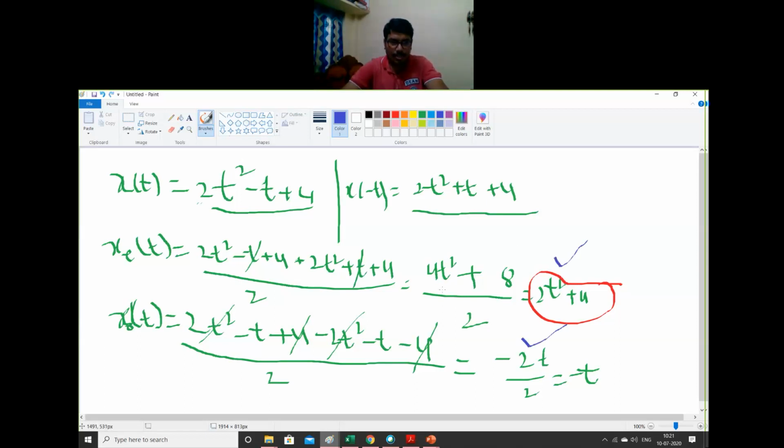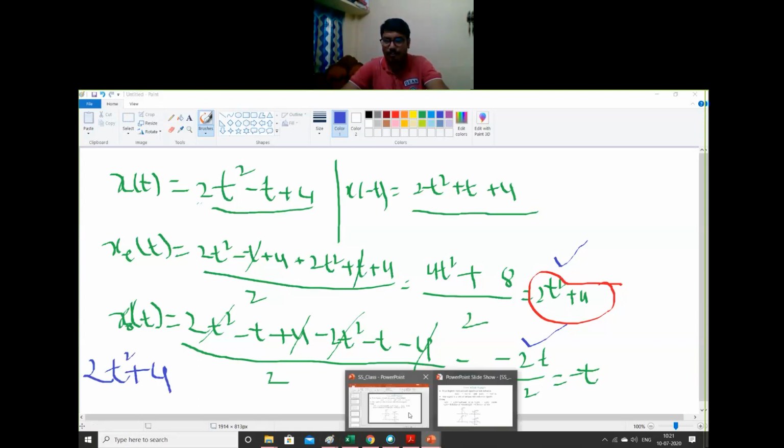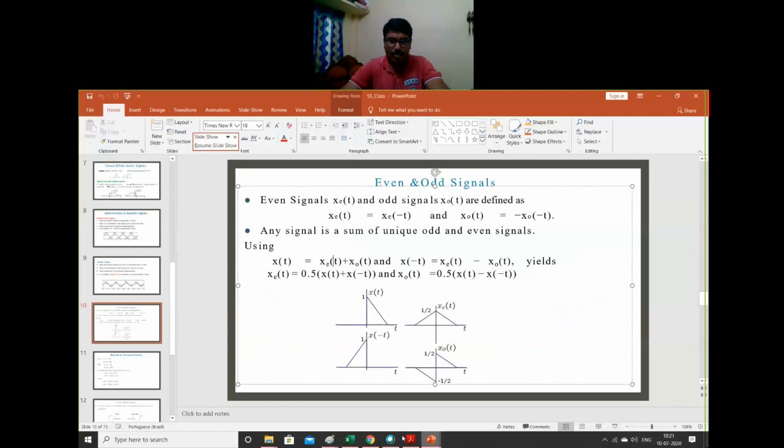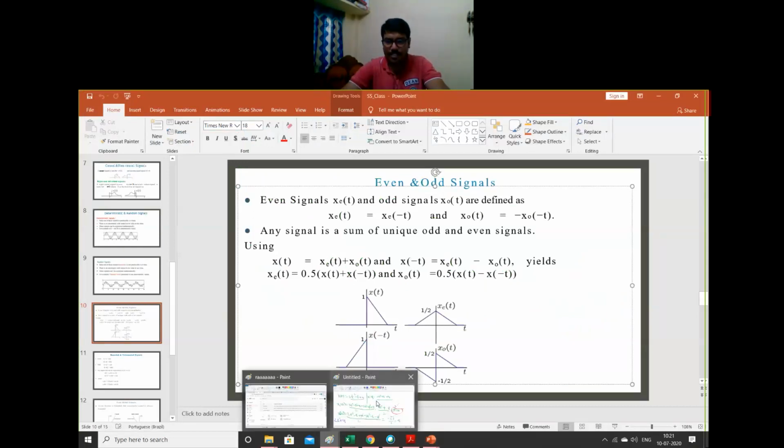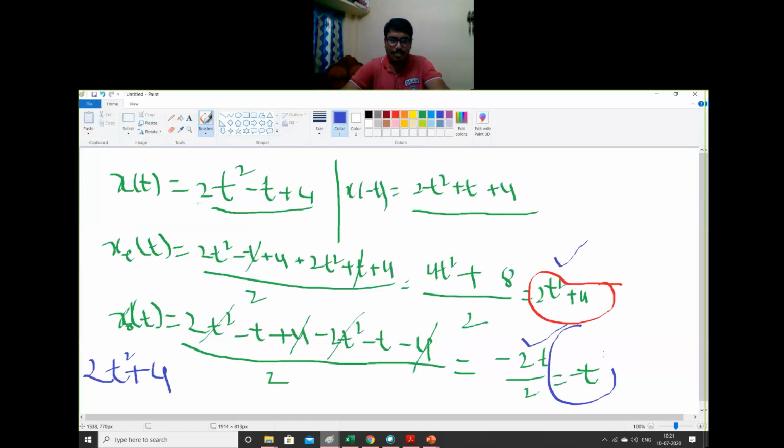Now this is 2t square plus 4, this is x_e(t). What do I have in the expression? Look here: x_e(t) minus x_o(t). So minus of this, minus of minus t, how much? Plus t.